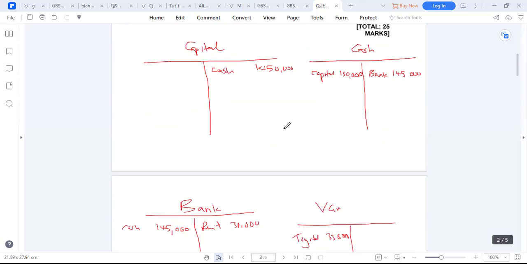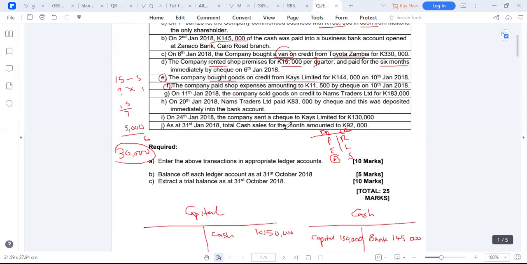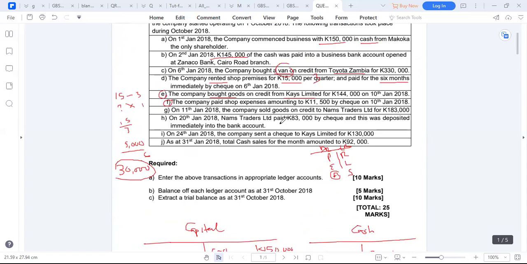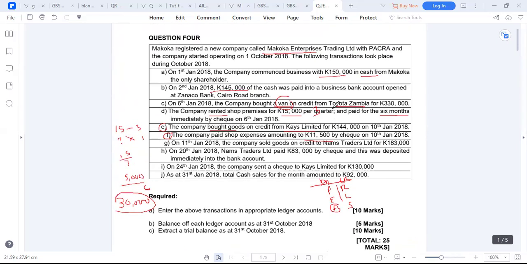Okay, so let's go to another transaction. The company paid shop expenses amounting to 11,500 by check. So the two accounts there are the bank account and the shop expenses account.